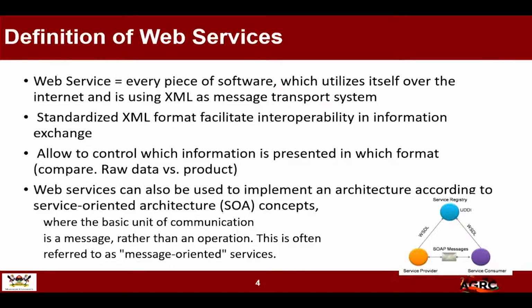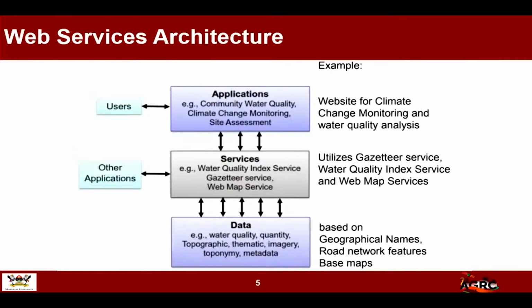Now, of course, I've spoken a lot, and I need to put it in form of a picture. Assuming you have your data somewhere, and this data, for example, is about water quality, or topographic information, or maybe thematic information.